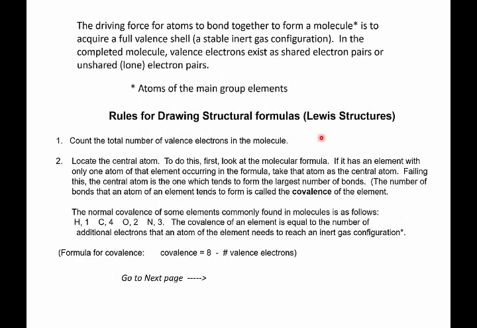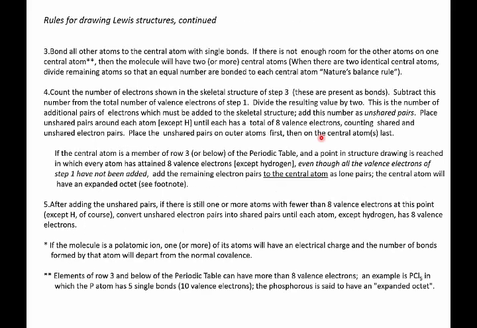First, count the total number of valence electrons in the molecule. Next, locate the atom that's in the center. That's called the central atom, and there are a couple of ways to do this. Once you've located the central atom, the idea is to bond all other atoms to the central atom with single covalent bonds.